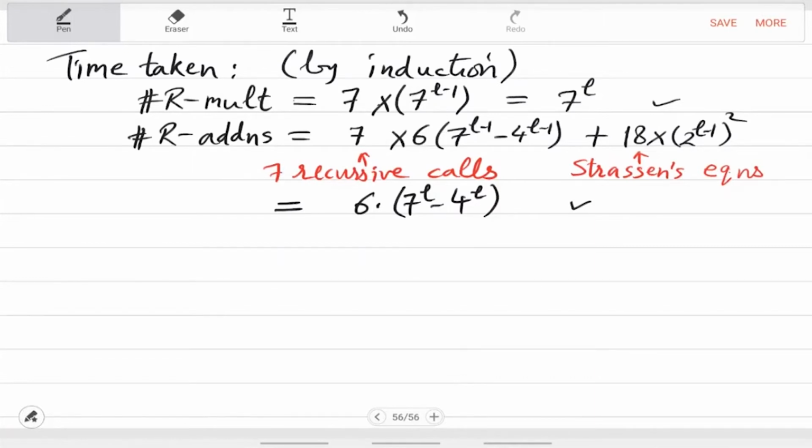Okay, so the second part is 4 to the L minus 1 times 18. So you will subtract 21 from 42 from that. The main term is 6 times 7 to the L.